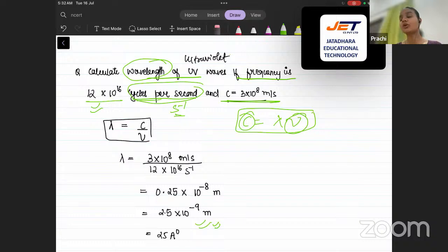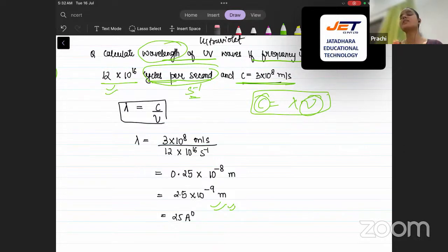Also be quick with your calculations because you may not have that much time in the exam. So what you have to practice is getting your calculation fast and correct. Do as many questions as possible.